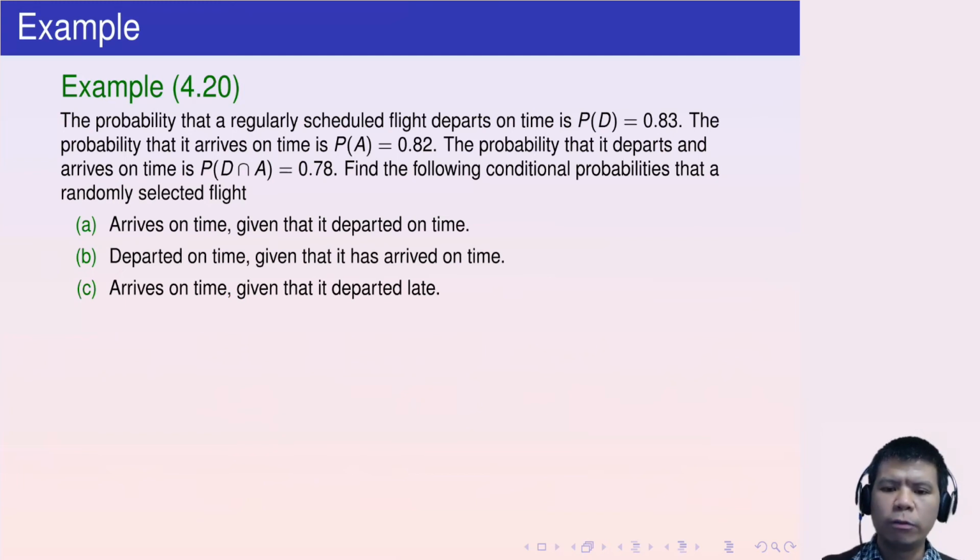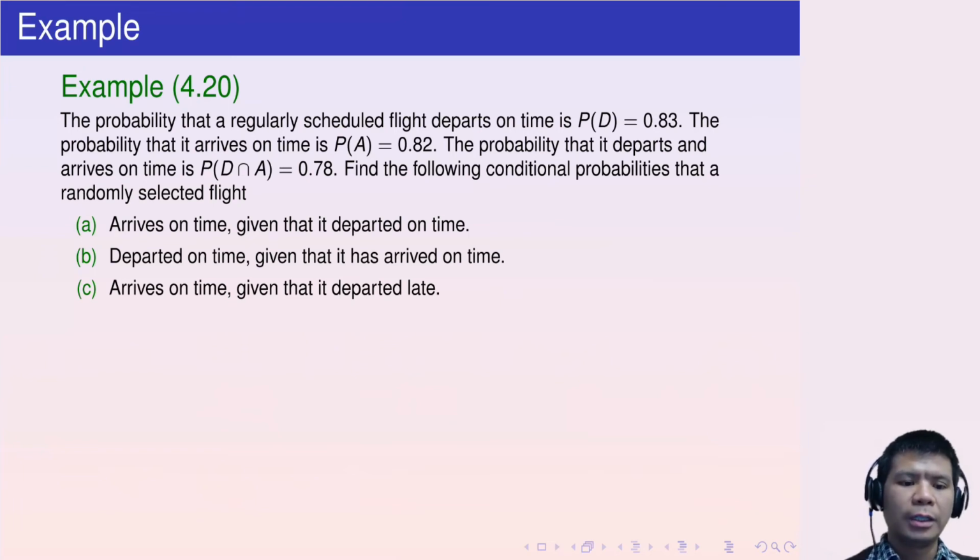Now we want to find the following conditional probabilities for a randomly selected flight. A, that it arrives on time given that it departed on time. B, it departed on time given that it has arrived on time. C, it arrives on time given that it departed late.